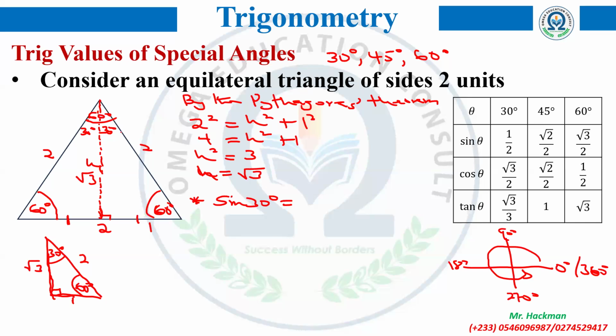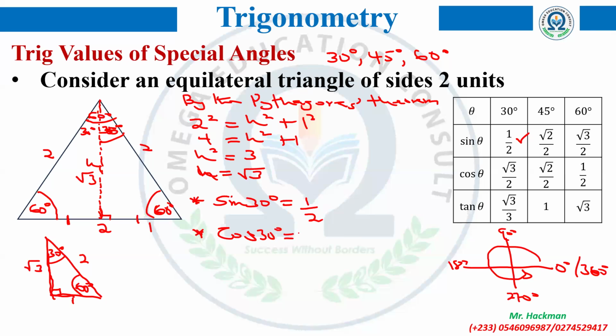If we are looking at 30 degrees, this is our 30 degrees. The opposite is 1, and the hypotenuse is 2. So that is this value that we have here. Is that correct? Yes, please. Now let's move on to the next one: cos 30 degrees.